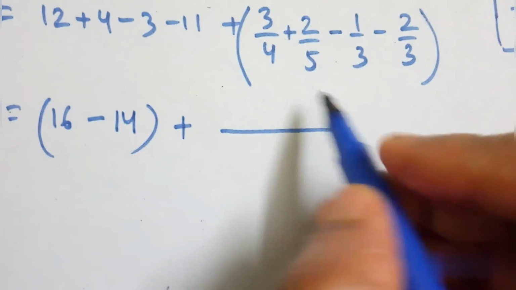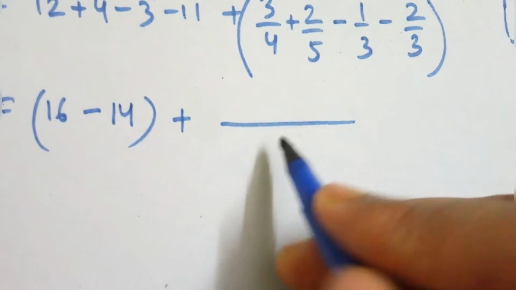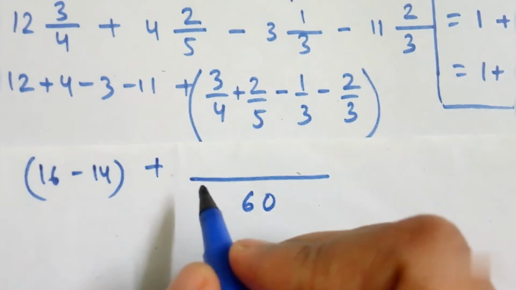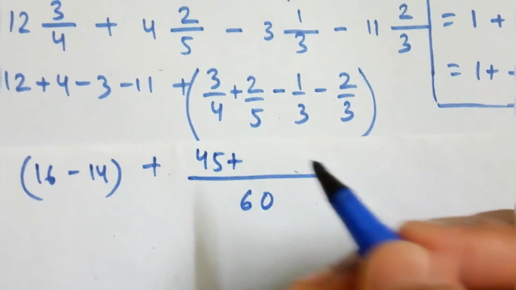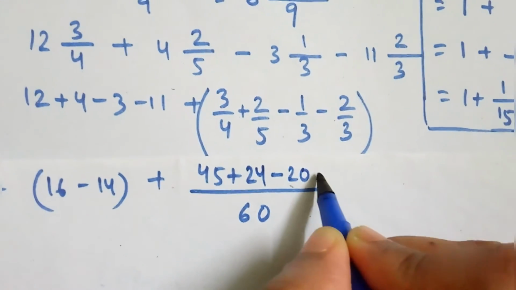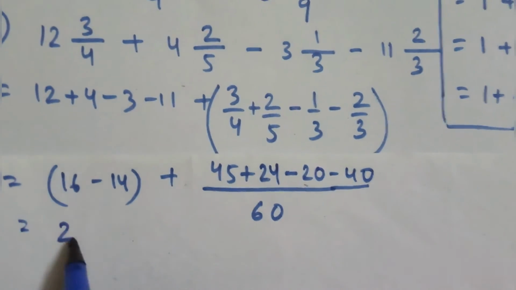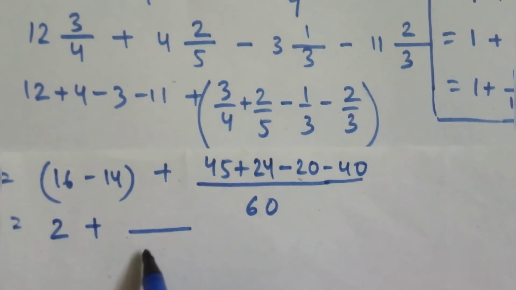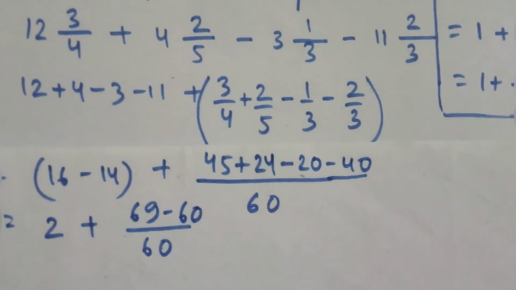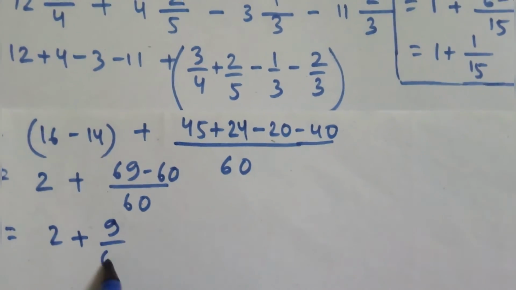Plus, what will be the LCM of 4, 3 and 5? You will get 60. And the numerator will be so it will be 2 plus 9 by 60.